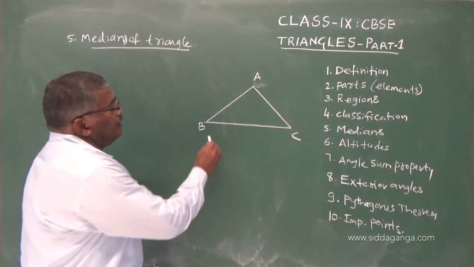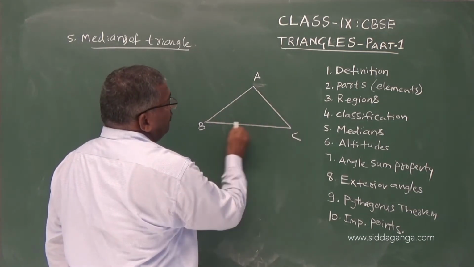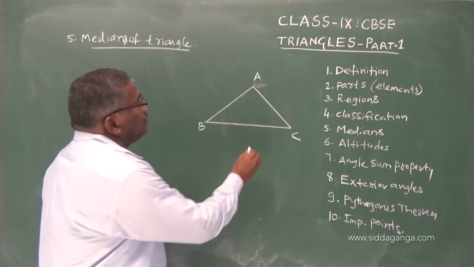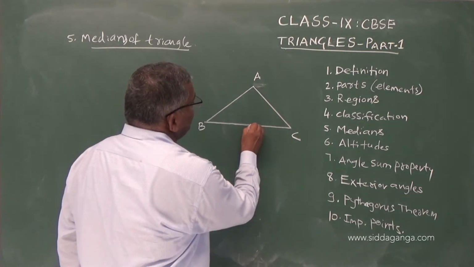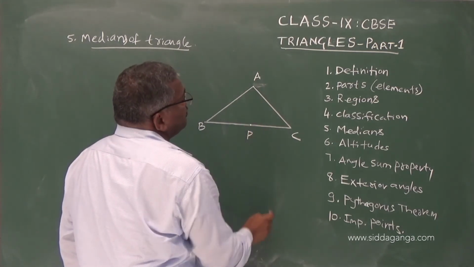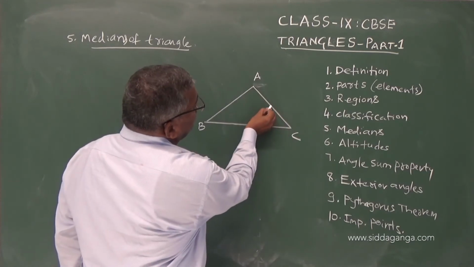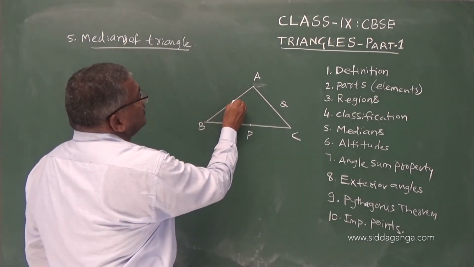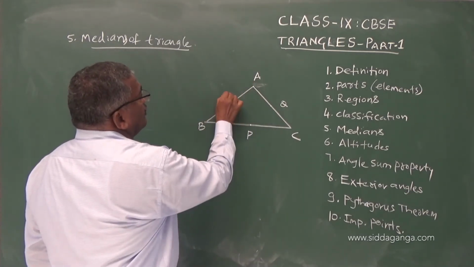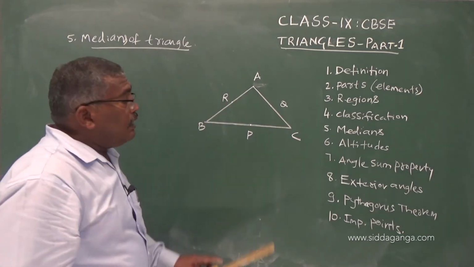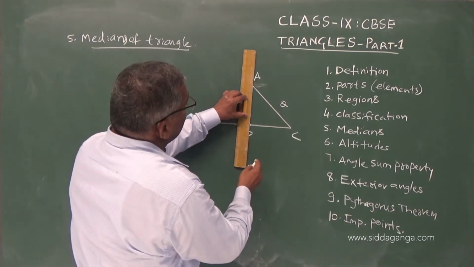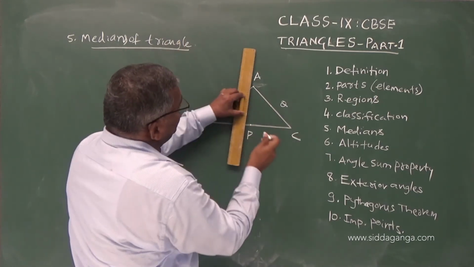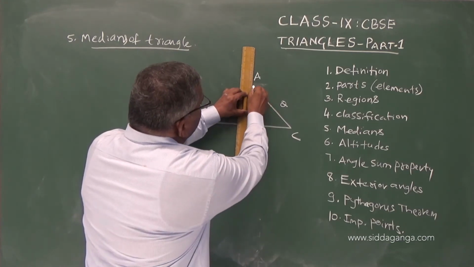If I find the midpoint of BC by bisecting the line BC, suppose this is the midpoint of BC, I will call this P. Midpoint of AC, let us say this is Q, and midpoint of AB, let us say R. And if I join the vertex to the opposite side midpoint, we will get a line.